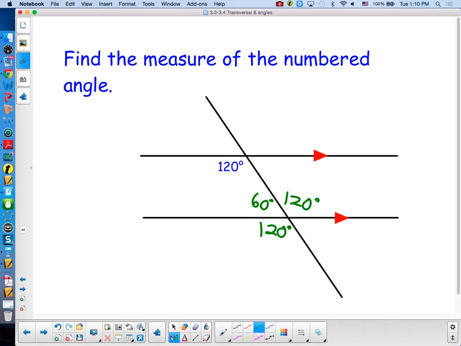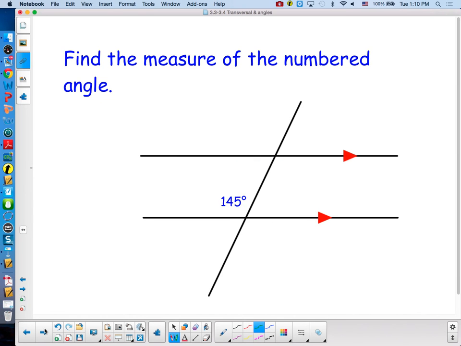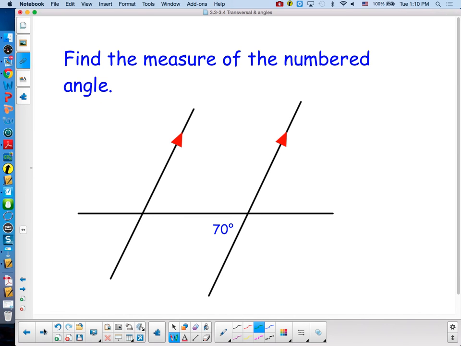And I probably could go this one. 120, either vertical or alternate exterior. This one? 60. And how do we get those so quickly? Probably a lot of linear pairs where they're just supplements. Okay, I think we got that idea.